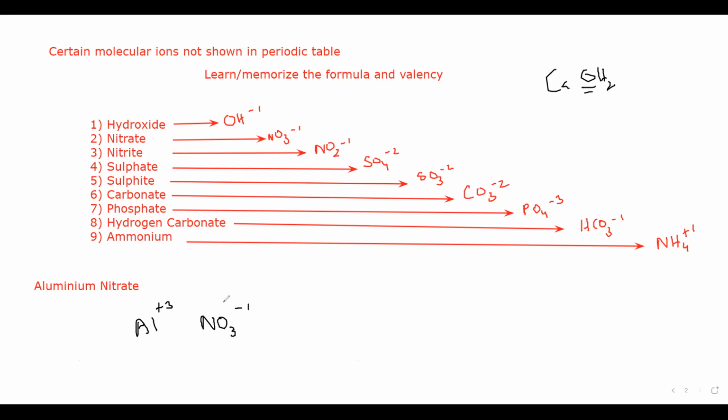The valencies are already simplified, so this 1 will come with aluminum and this 3 will come with NO3. So when I write the formula, what will be the formula for aluminum nitrate? Al, then NO3, the nitrate ion, in a bracket 3. Is it clear? The chemical formula of aluminum nitrate.